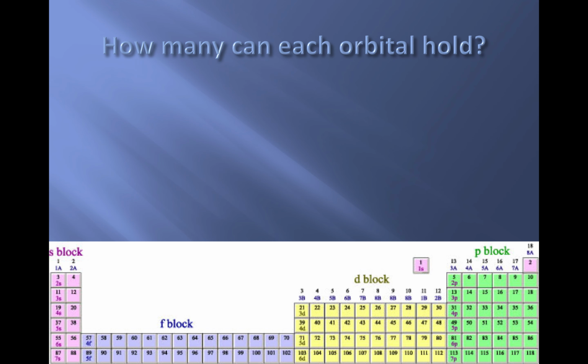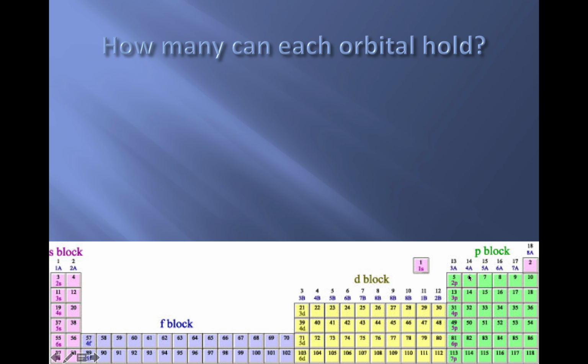And we can use the periodic table actually to help us figure this out. So elements on the periodic table are assigned to different blocks based on the shape that their electrons would be in. And so we have the S block, the P block, the D block, and the F block. If you notice, the S block is 2 elements wide.